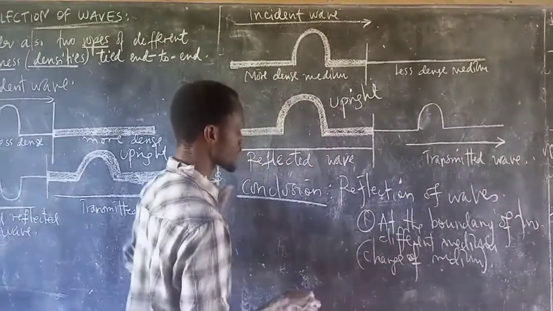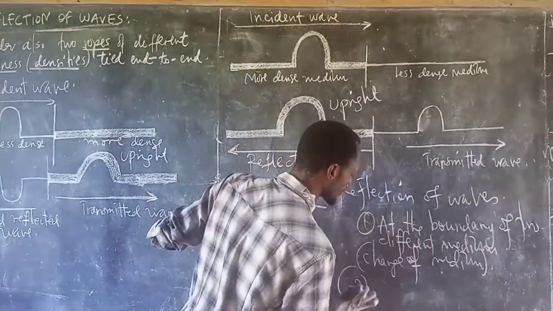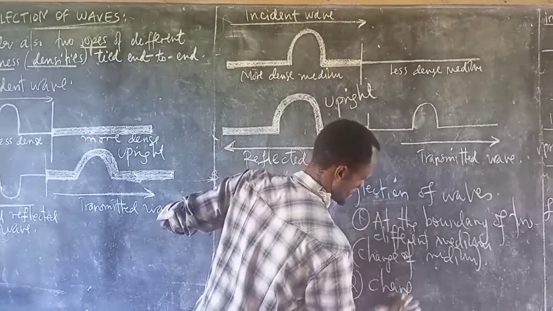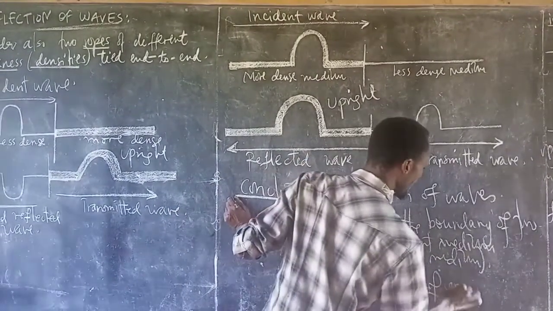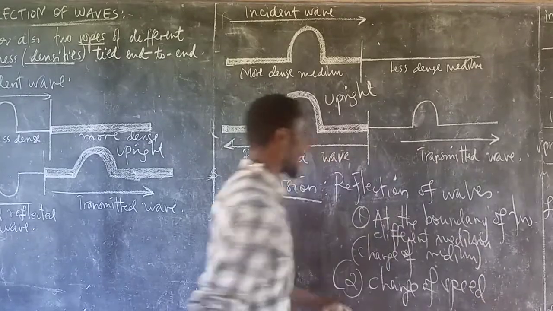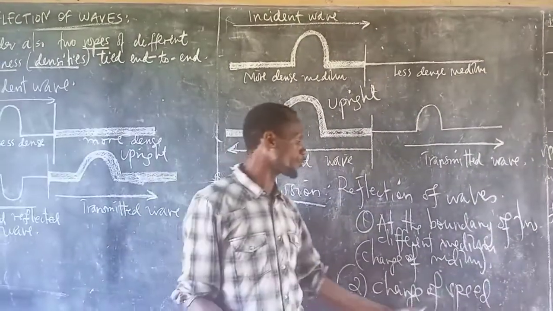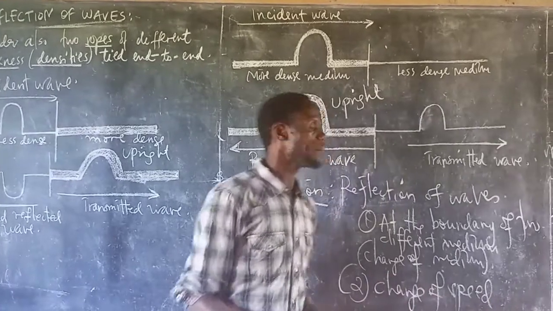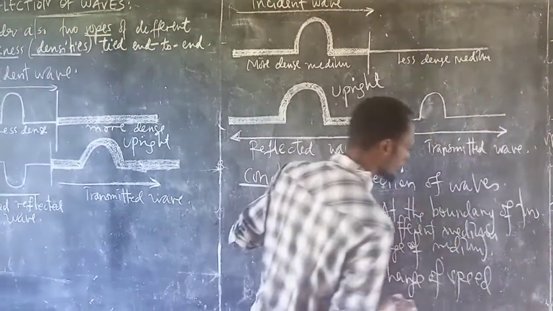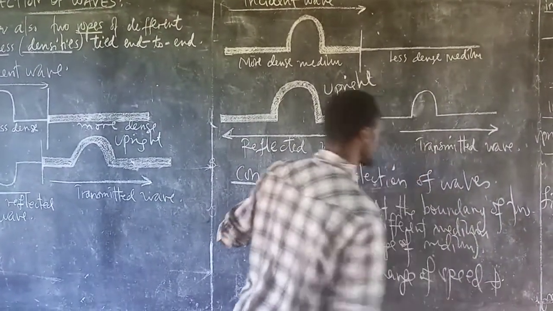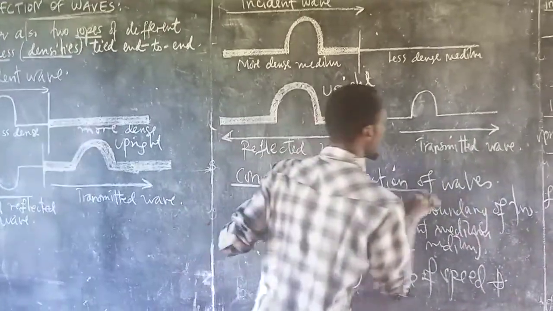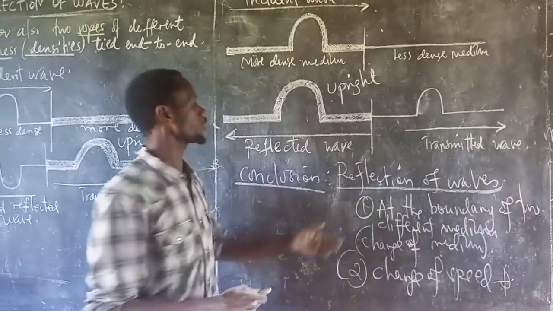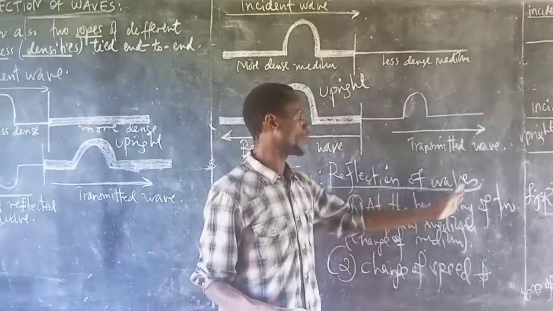And the second thing is, if there is only a change of speed, even if there is no change of medium, but in that medium there is a change of conditions. Once there is a change of condition, there must be a change of speed. And once there is a change of speed, we get what we call reflection of waves.